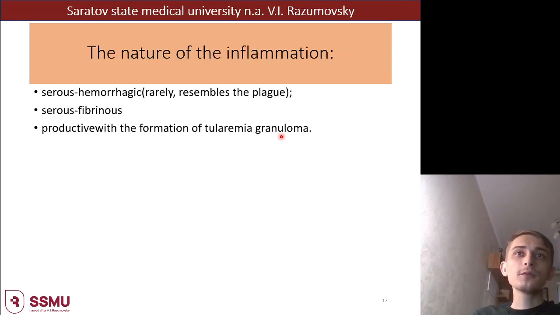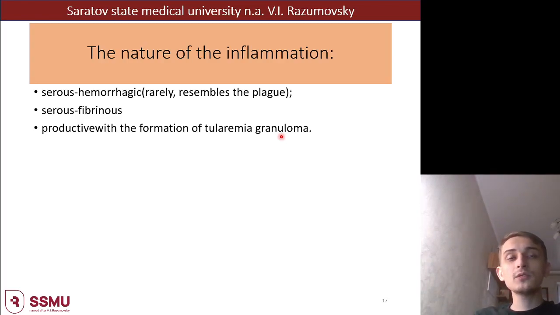The nature of inflammation is mostly serous hemorrhagic, and may resemble the plague one, serous fibrinous, and the most typical for tularemia is productive inflammation with the formation of tularemia granuloma.